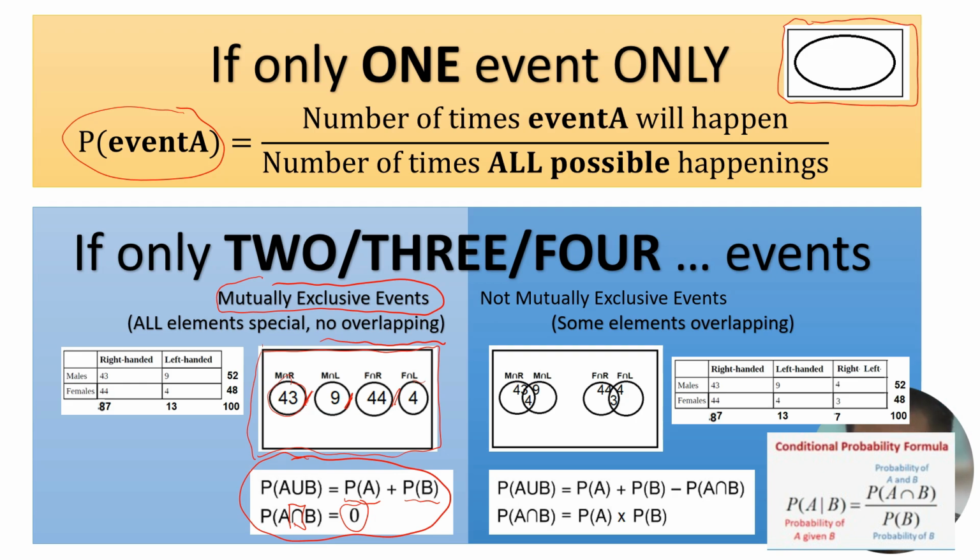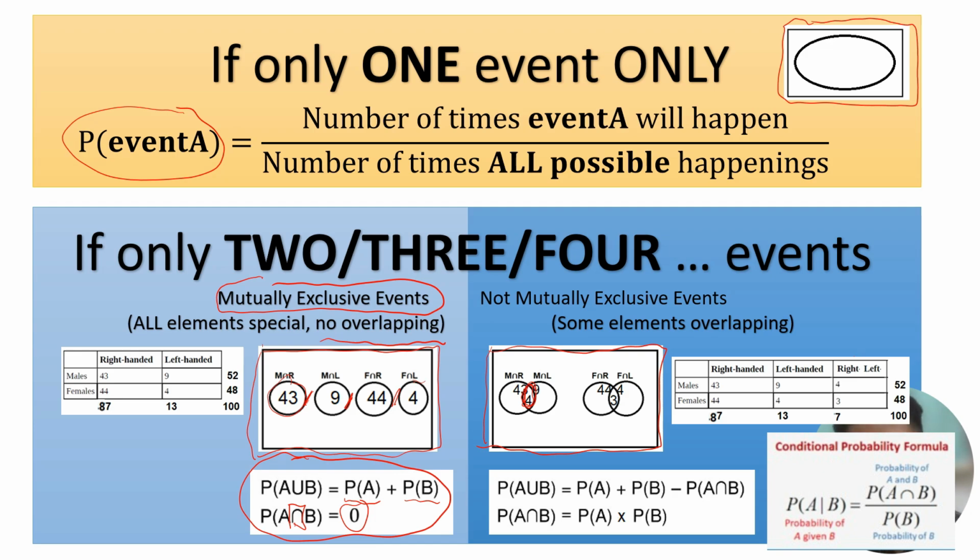These are the overlapping elements, people, that can manifest inside our Venn diagram or our contingency table here. There are 4 males who are very good at using both right and left hands to write, so they appear in the overlapping red area here. We call it the intersection between those two events.